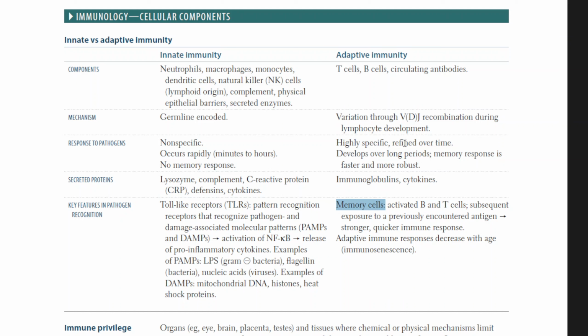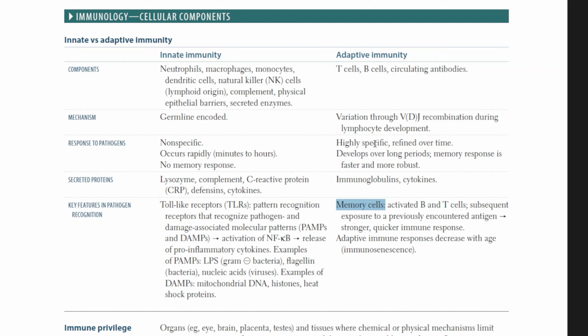It's refined over time, so the more you get exposed to different bacteria and viruses, the more refined it gets. It produces more interleukin and immunoglobulin, of different kinds. So if you get infected with that virus or that bacteria again, you have memory, and they're going to have a faster, more robust, stronger response.